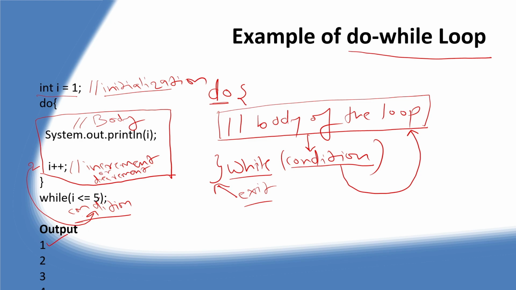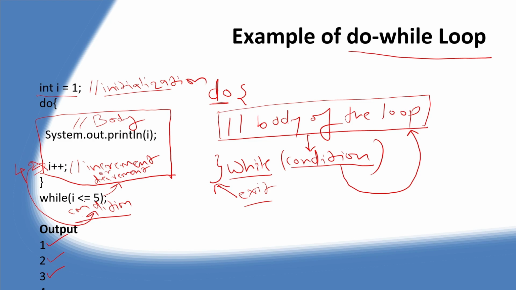Since 2 is less than or equal to 5, again it will execute the body and print 2, and increase the value of i to 3. Again it checks the condition: 3 less than or equal to 5, yes. Again it will execute the body, print the value of i, and increase it to 4.